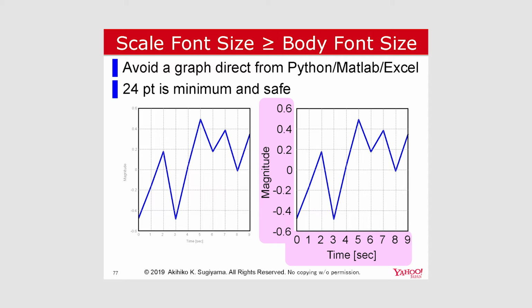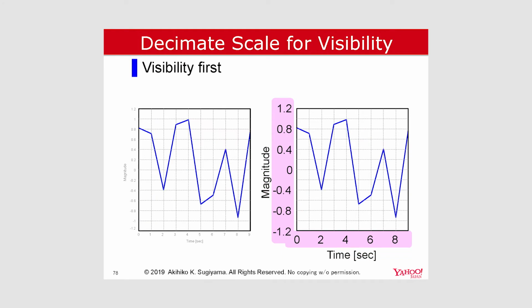So sometimes you may decimate the values. Okay? So you don't have to put all the numbers at each notch. You may skip one for every 2 notches so that it will be easier to read. That's another technique. Okay?